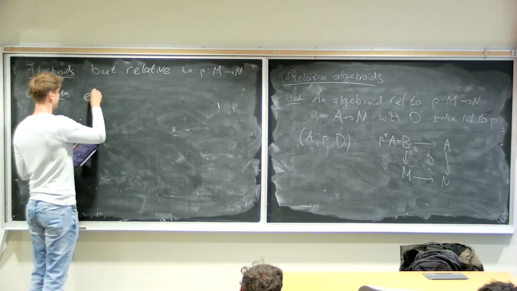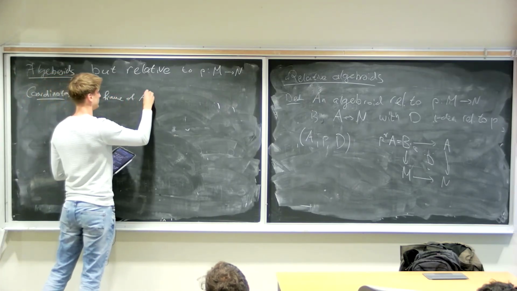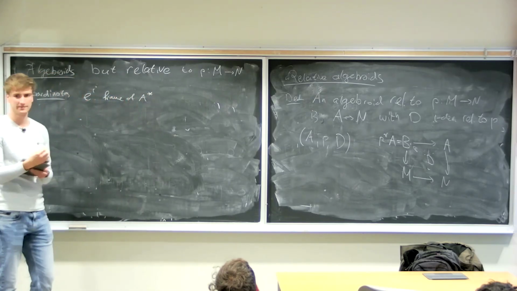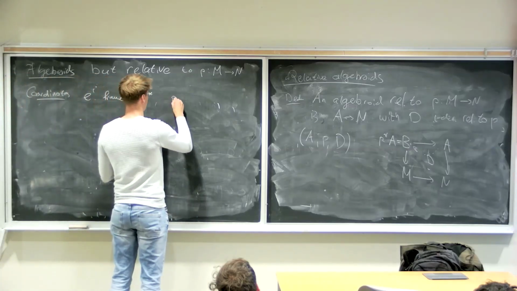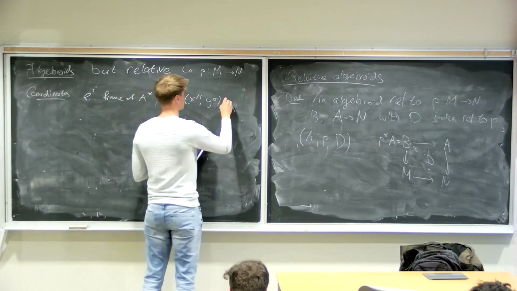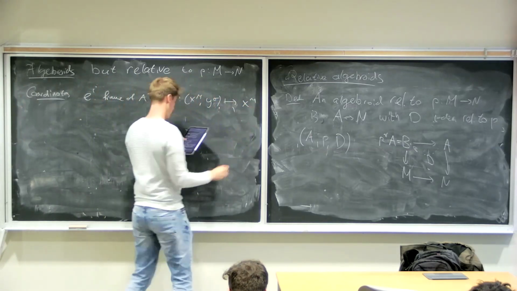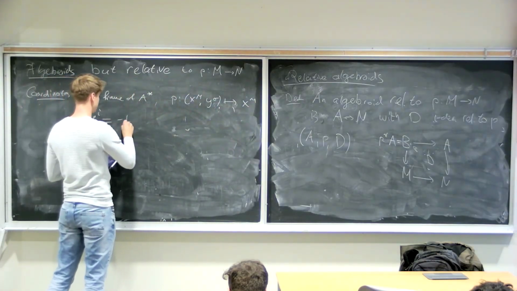In coordinates, we had e_i, a frame of A star. I want to write down the coordinate equations again because of what I'm going to talk about next. I just want them on the blackboard. x^mu, y^sigma, that's our projection, and then the e_i, something like this.